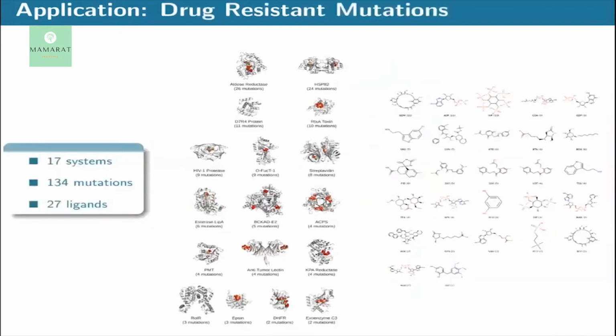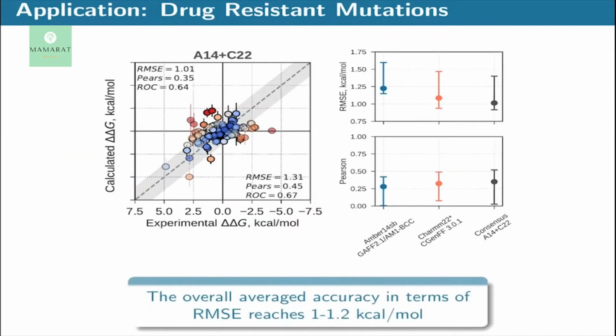Not only can we do this for the HIV protease. Of course, my colleague Matteo Aldeghi looked into a large number of proteins that are binding various ligands that you can see in this figure. So in total 17 systems with 27 different ligands bound, and he looked at more than 100 mutations in all of those proteins to check how accurately these drug resistant mutations can be predicted.